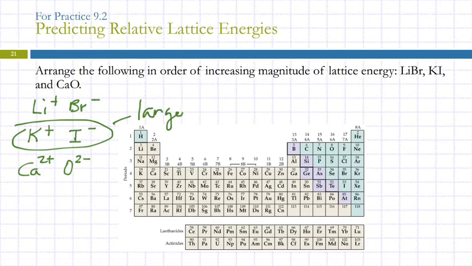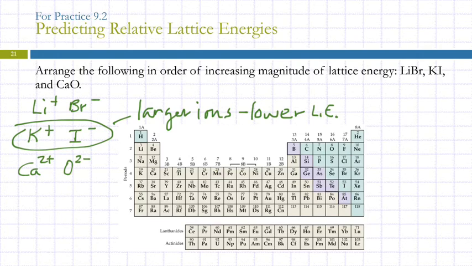larger ions, is that going to make for more attraction or less attraction? Less. So that's going to be lower lattice energy. Lower lattice energy.